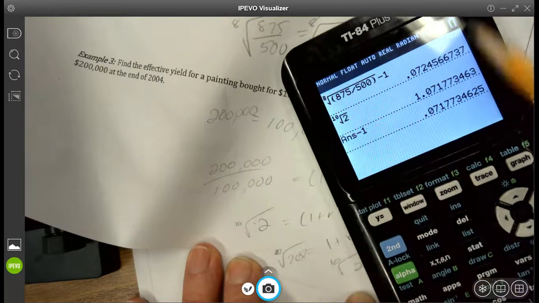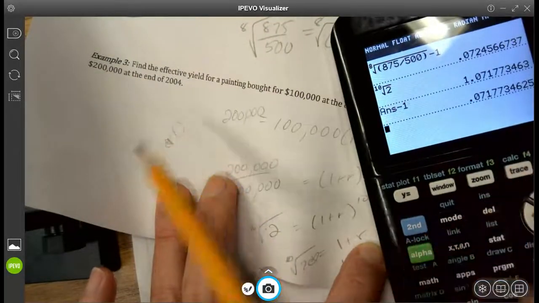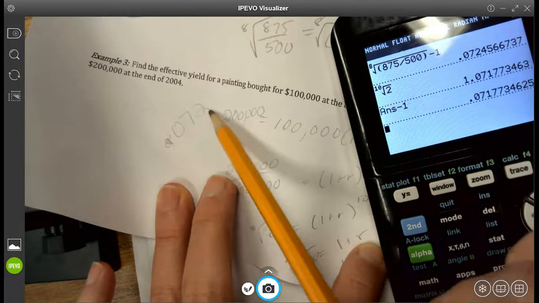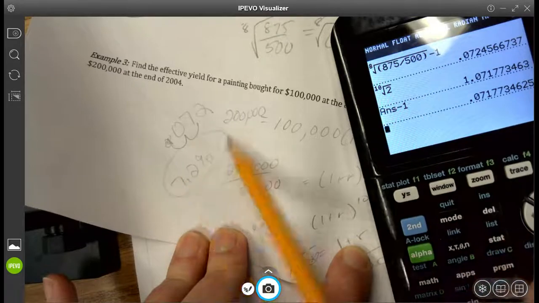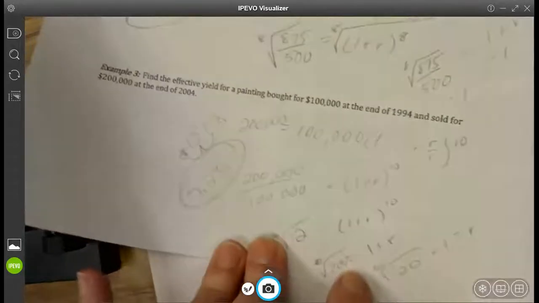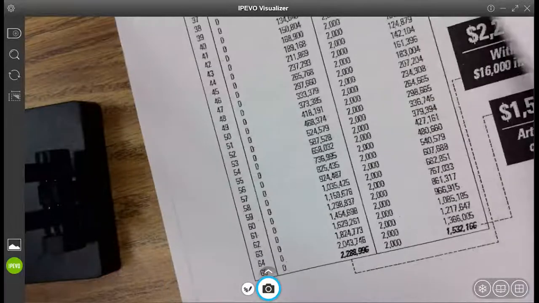It should be 2. So we get 0.71, so 0, 7, we're on to 2. To the right, it's about 7.2%. So that's how you find the effective yield or the rate.